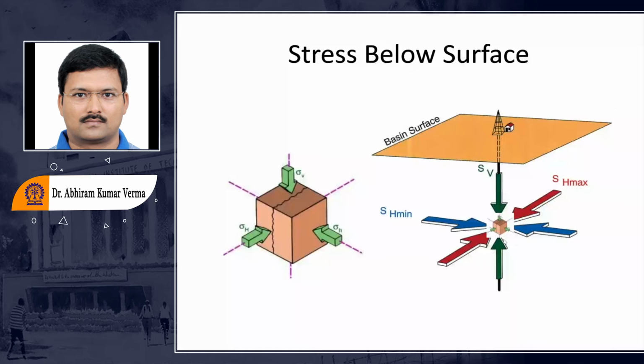The zoomed part is shown over here. We can define three principal planes on this cube. One is perpendicular to the vertical direction, and two will be along this direction. On these three principal planes, we can define the three in situ stresses.